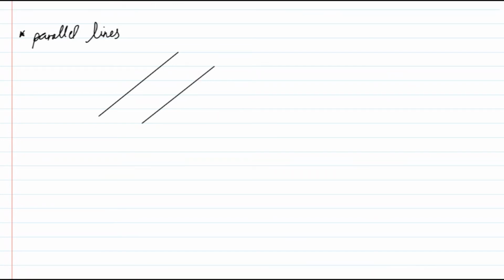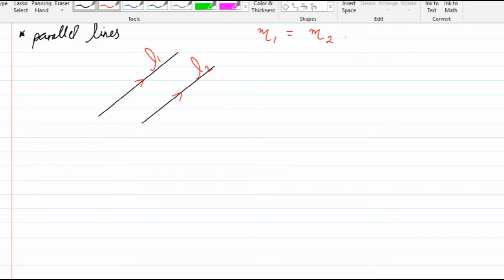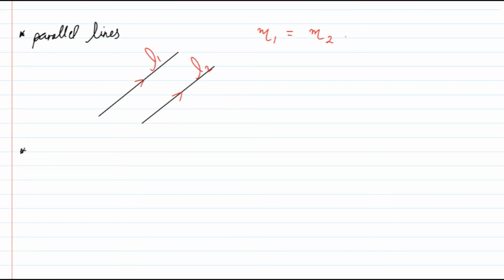So this line is parallel to this line. Let's say this is L1 and this is L2. If the lines are parallel, then their gradients are equal. M1 is equal to M2. As simple as this.